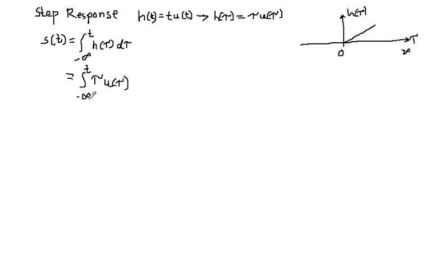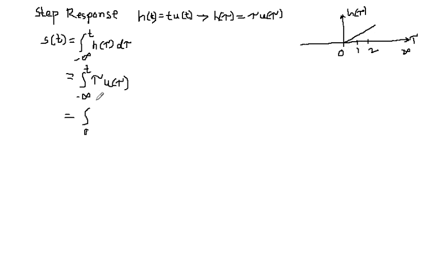But as we are finding the step response, it is nothing but the convolution of this h of t with the unit step signal. So, no need to consider h of t minus tau and all, as long as step response is concerned. Now let's put the lower limit as 0 because we have u of tau. U of tau starts from 0 and runs through 1, 2 and so on till infinity.